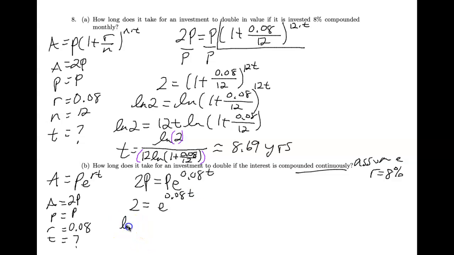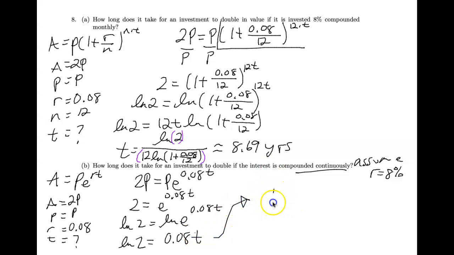I'll natural log both sides. The 0.08 will come down as a factor, and natural log of e is 1.